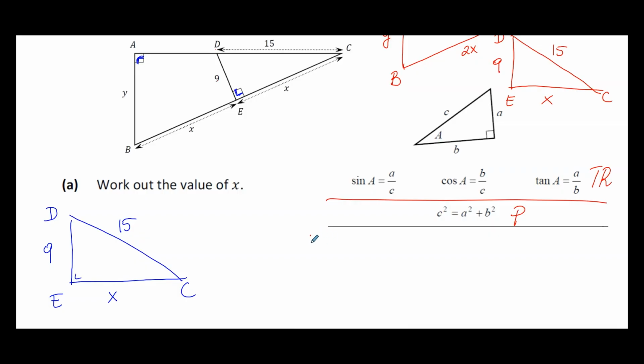Okay, so the choice is between Pythagoras and, like we said, trigonometric ratio. Pythagoras has in the formula letters c, a, and b. And as you can see on this triangle here, c, a, and b are all representing the length of a side of the triangle. So Pythagoras involves 3 sides.